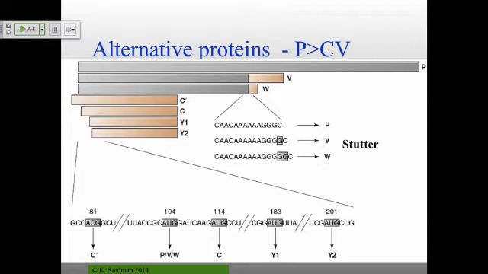So here, the addition of extra nucleotides in polynucleotide stretches is going to change the reading frame of the encoded protein, which is going to change the C-terminus of that particular protein. Also present here is the utilization of different start codons, which will give you multiple different proteins here in the same piece of the genome.